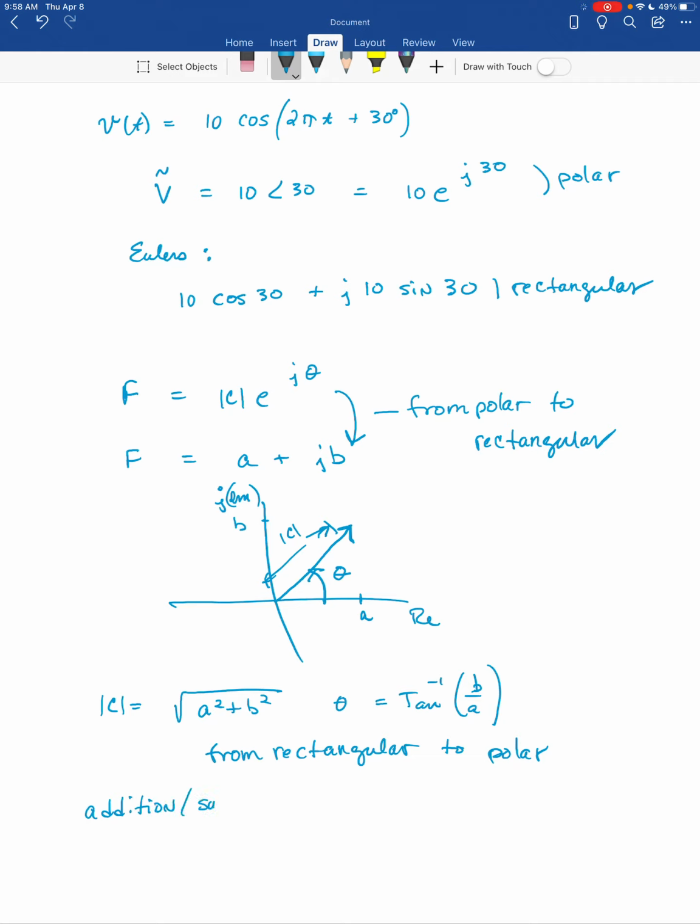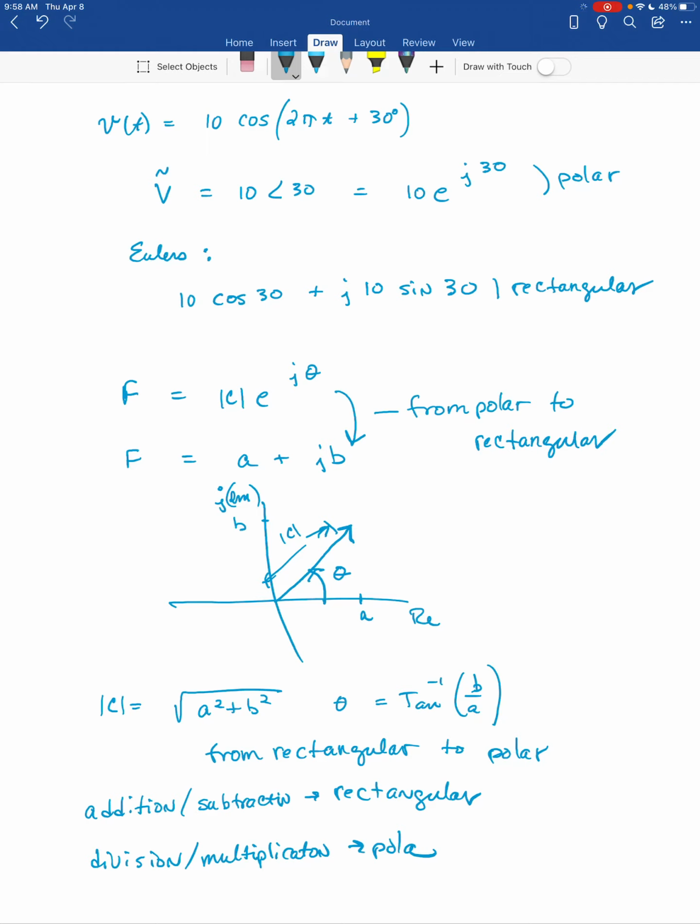Now, as a general rule, it is easier to do addition and subtraction using rectangular, and it is easier to do division and multiplication using polar.